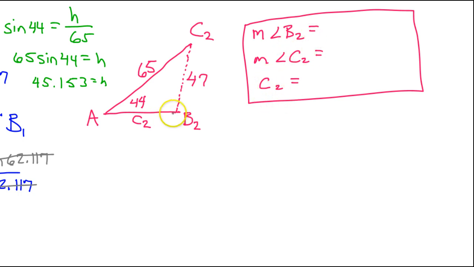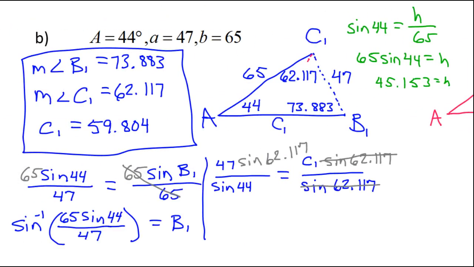When we find this obtuse angle B2, we cannot find it in the same way that we found B1. We can't use the inverse sine, because that's just going to give us the acute angle of 73.883 all over again. Inverse sine will only give you an acute angle.